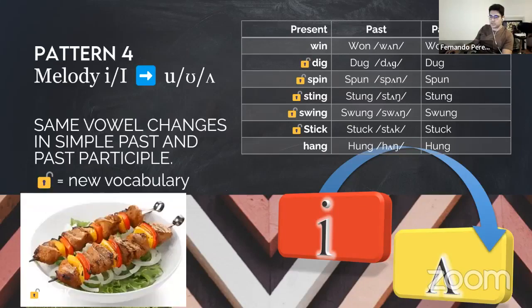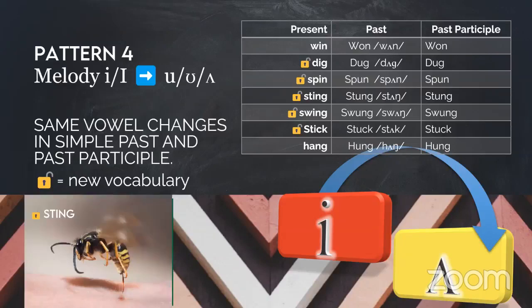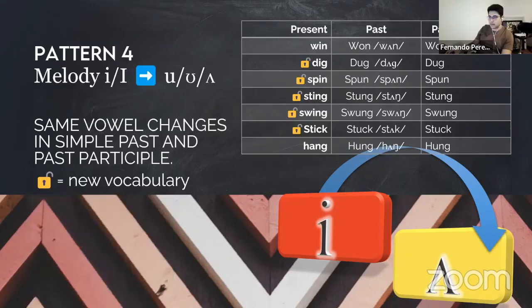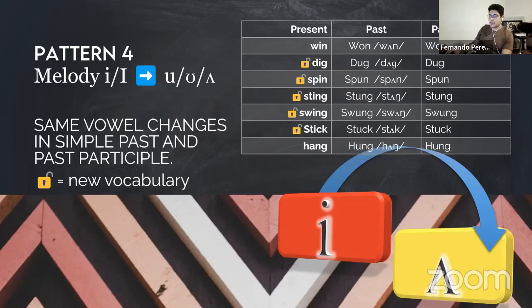So everybody, pronunciation, I-A. Win, won. The rest are difficult. We have a difficult vocabulary. This is going to be the new vocabulary for you today.